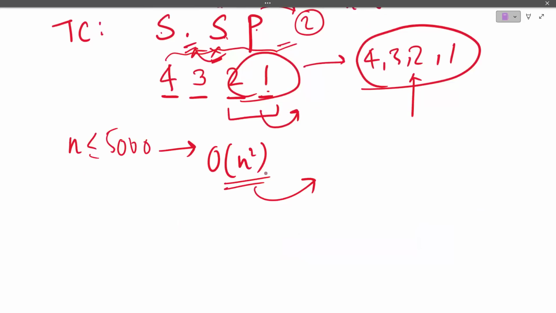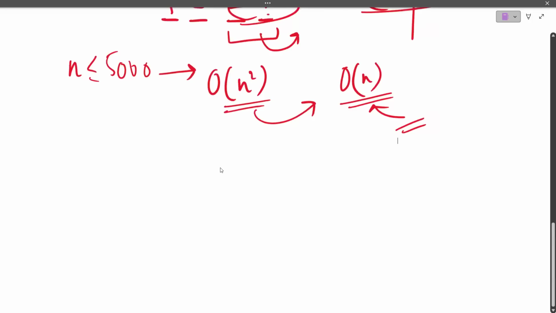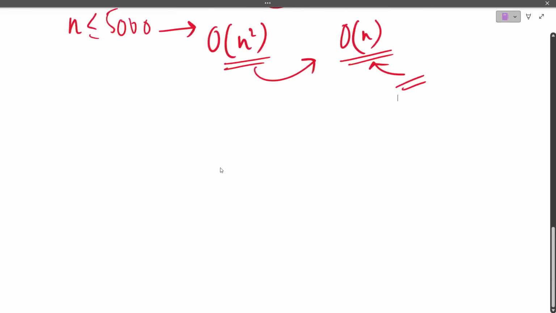But interestingly, this problem can actually be solved in order n time. It can be solved even faster than what the time limits request us to. But there are small observations which need to be made to solve the problem. Here there are quick checks which we can do.